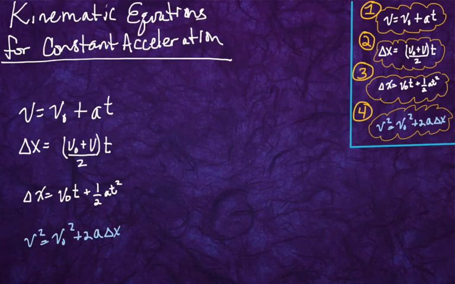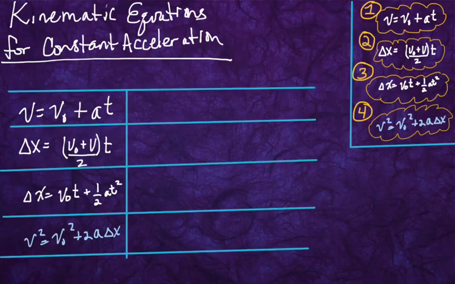Yes, write them again, because we're going to make a chart here. This is a handy little guide for how to use these. All right, so we make this chart and we write our equations in it.